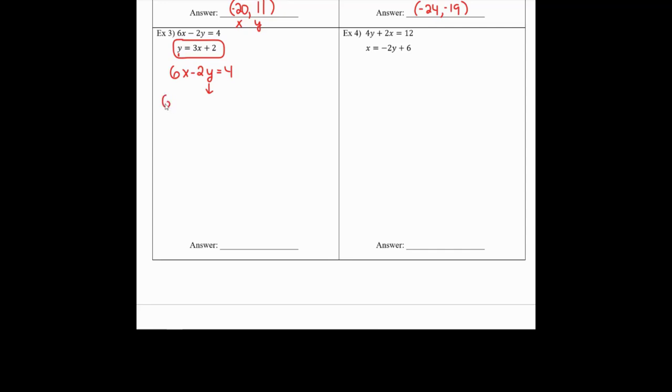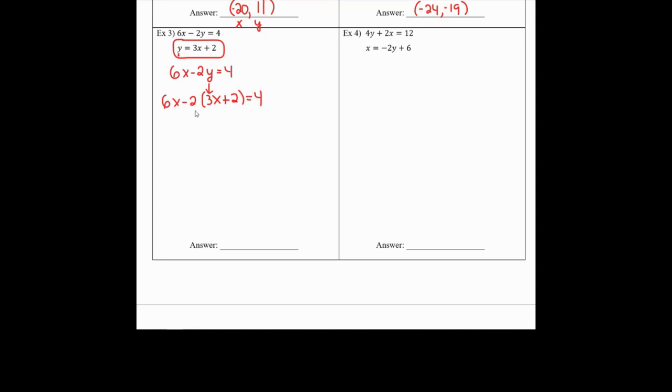Let's go ahead and copy 6x minus 2. And then when you get to the arrow, you put parentheses, and inside the parentheses, you're going to copy what's in the circle. In this case, it is 3x plus 2 equals 4.